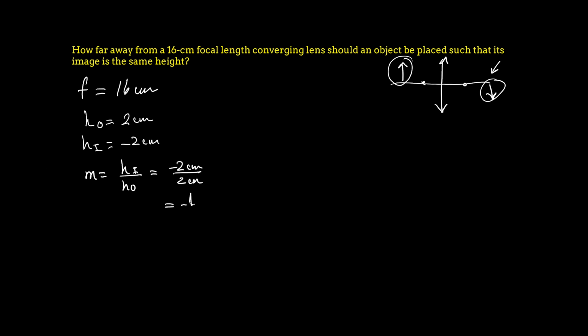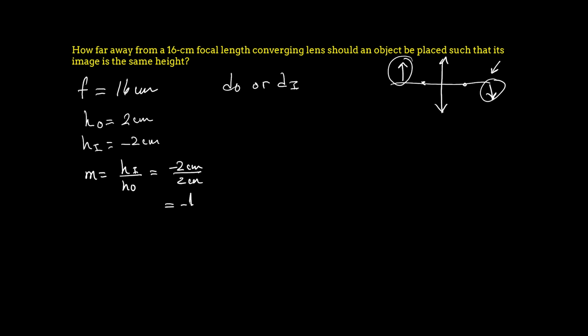So now that we know the magnification, we can relate the distances DI and DO. Because I know the focal length, but I do not know DO or DI. So I still have one equation, two unknowns. I need to find a way to relate these two unknowns.